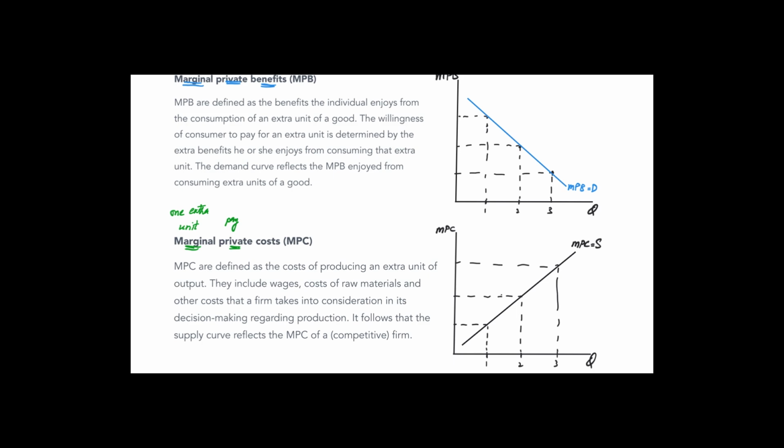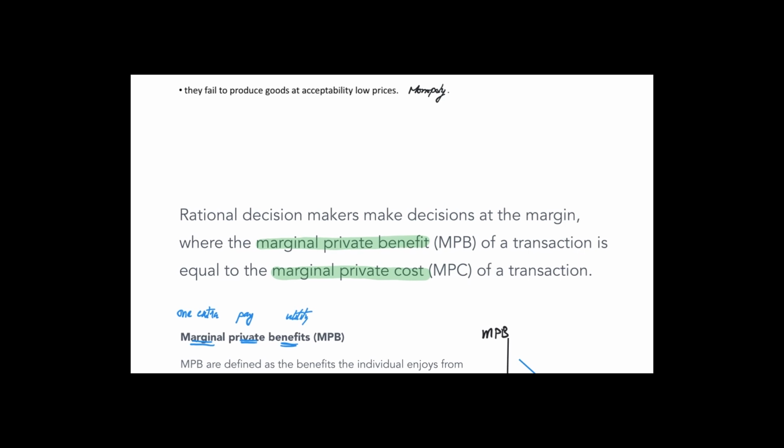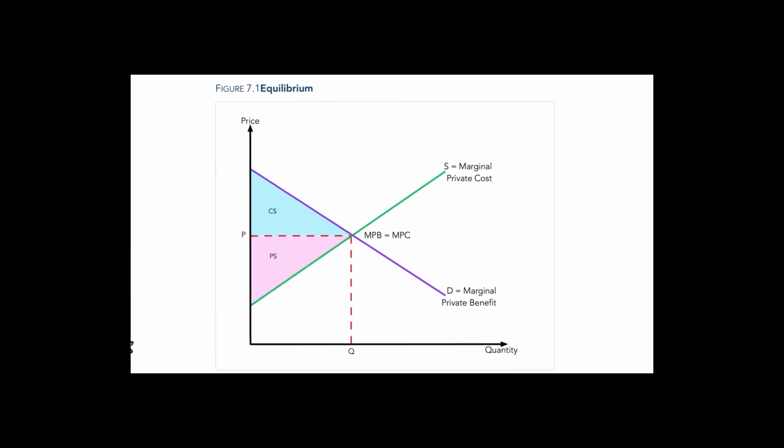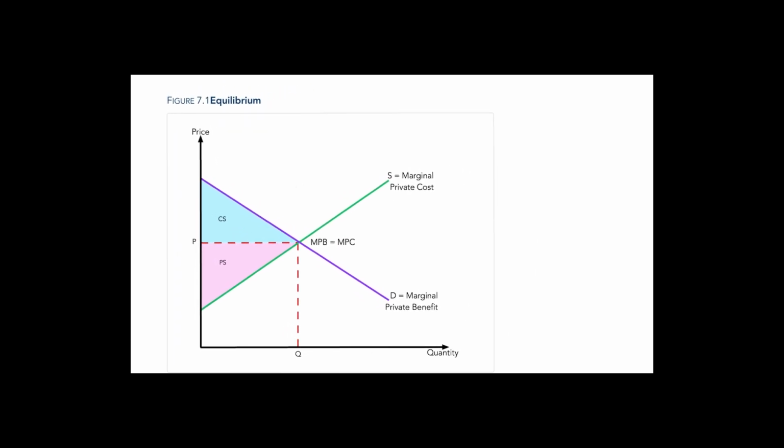So now that we have our private benefit and the private cost, we'll go back to our idea that a rational decision maker makes decisions at the margin where MPB is equal to MPC. This is it. When MPB is equal to MPC, that means your marginal private benefit is equal to marginal private cost, which means that demand is equal to supply, which means you're at an equilibrium from the rational consumer point of view.